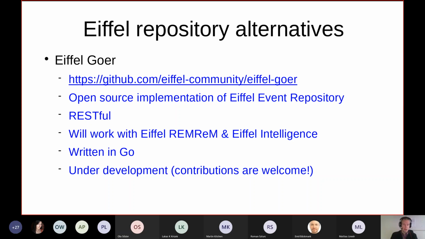It's an open API spec. The goal of Goer is to work with RemRem and Intelligence and basically be a drop-in replacement, we hope, even though it might not support all the corner case features. Well, what we think is corner case anyway.